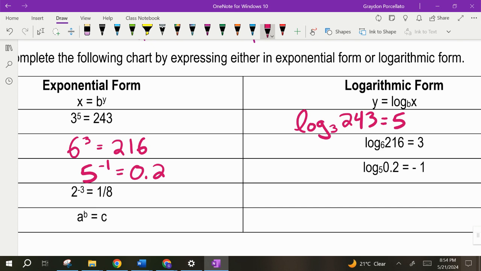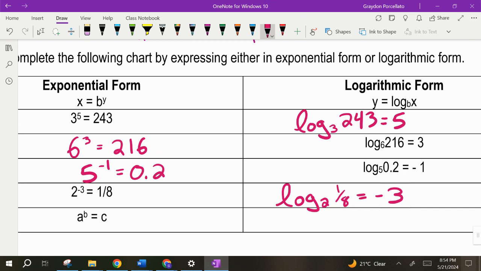That's what it means when it says equal to -1. The next one says 2 to the power of -3 is equal to 1/8. So we would say the log base 2 of 1/8 is equal to -3. So 2 to the power of what is 1/8? 2 to the power of -3 is 1/8.